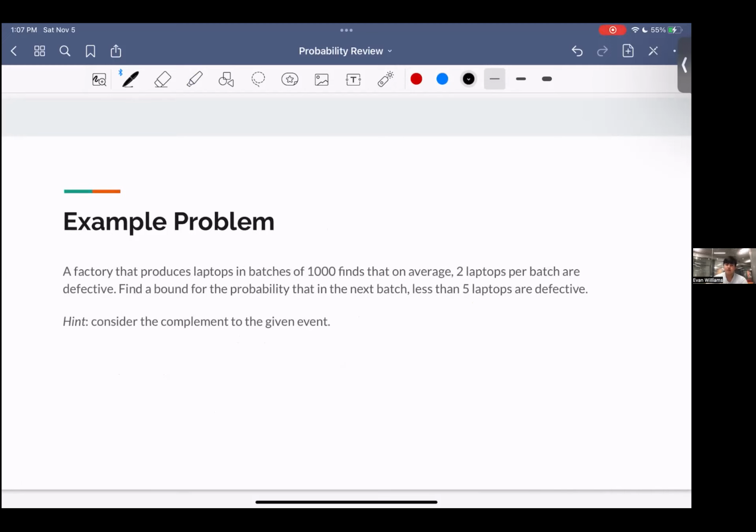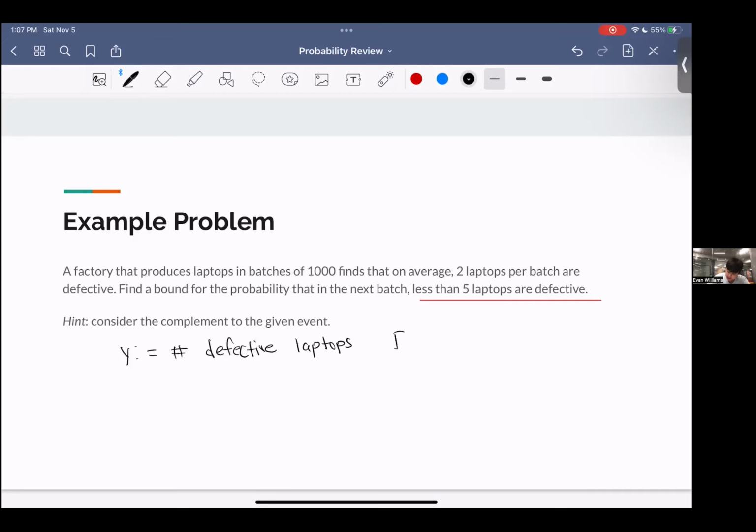And let's look at one more problem. So a factory that produces laptops in batches of 1,000 finds that on average, 2 laptops per batch are defective. So let's find a bound for the probability that in the next batch, less than 5 laptops are defective, right? Okay, well, let y be the number of defective laptops in the next batch, right?